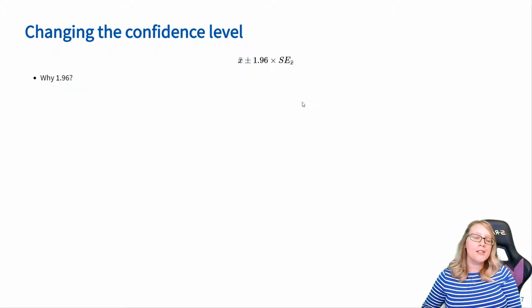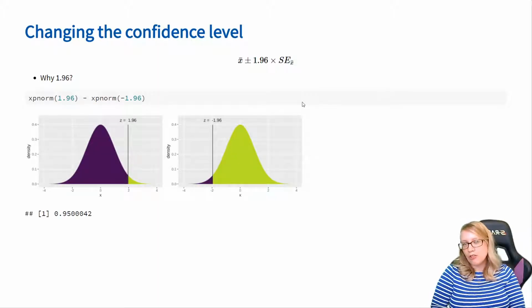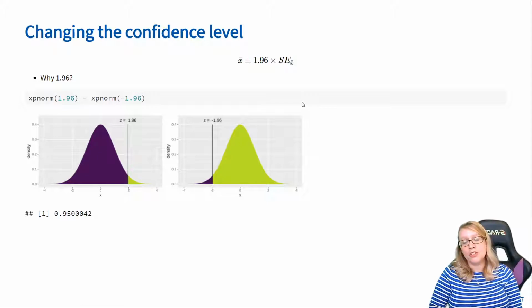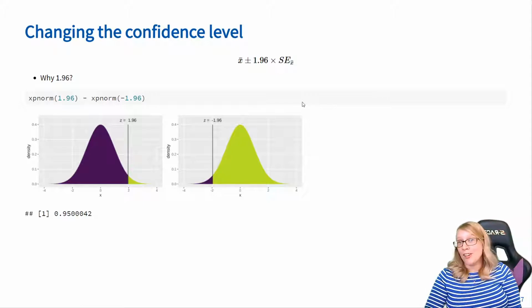Now, where is that 1.96 actually coming from? Well, it turns out when we introduced the empirical rule in a previous video and made the statement that 95% of values from a normal distribution were within the mean plus or minus 2 standard deviations, we were rounding a little bit to get a nice rule of thumb.